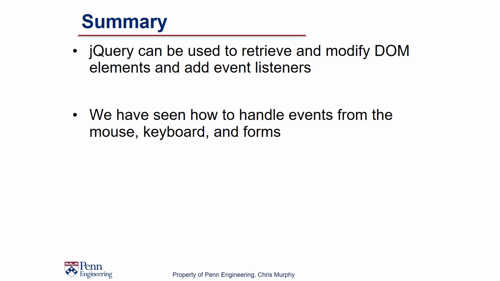In summary, we spent the past 3 lessons looking at jQuery, a powerful library for retrieving and modifying DOM elements and adding event listeners. And we've seen how to handle different types of events from the mouse, the keyboard, and the forms. At the end of last week, we were working with static HTML. But this week, we introduced 3 important technologies that allow us to create dynamic web content.